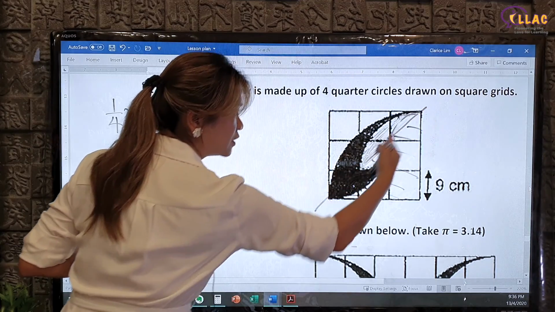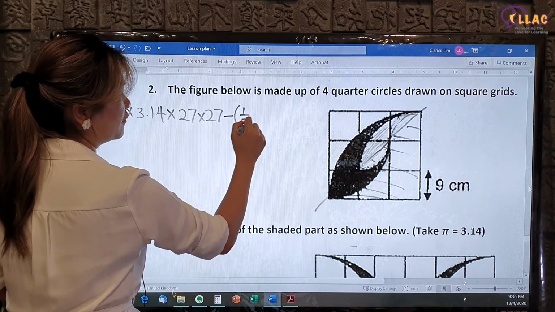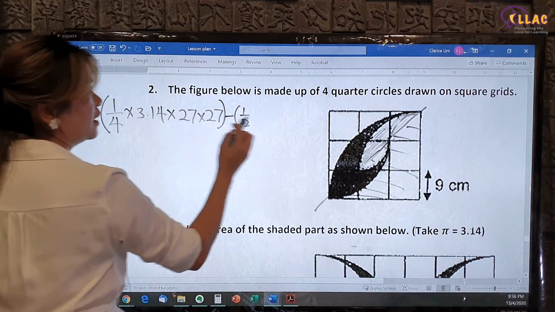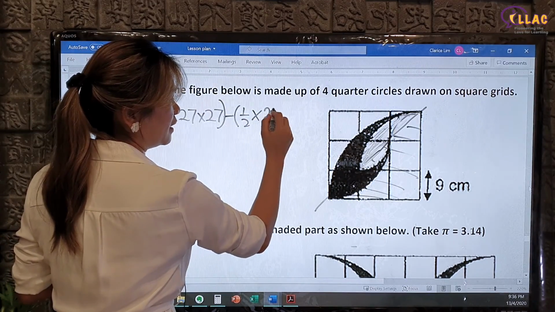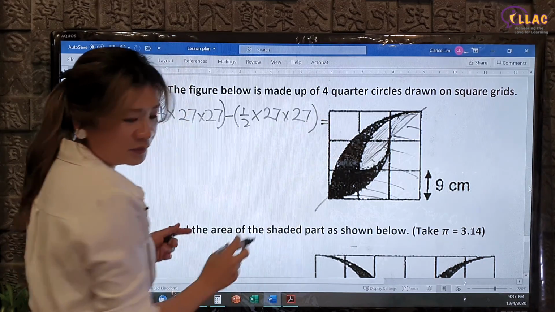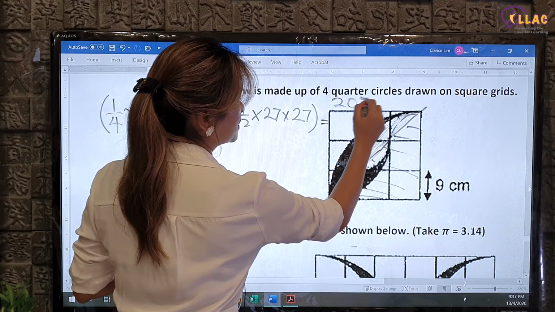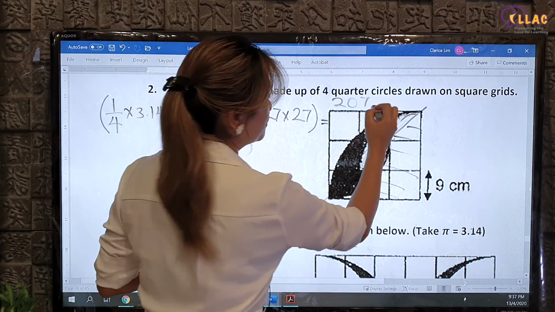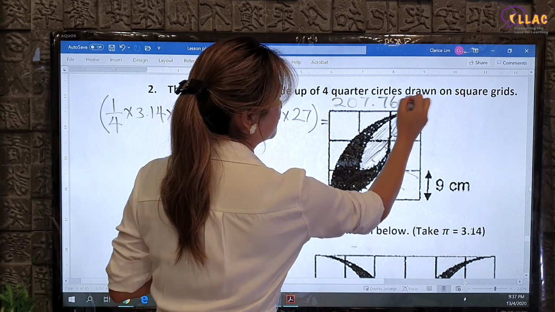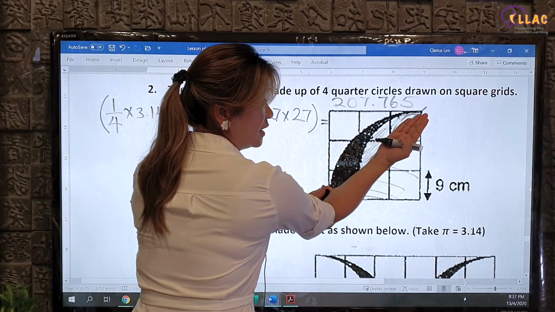Okay, and then minus away this triangle. This triangle will therefore be half, let's bracket this one first, half times base times height. Okay, and you get the answer. I write it here, you might not be able to see it, 207.765. Okay, so that is this half of the leaf.